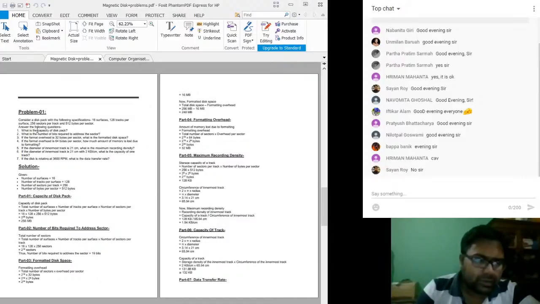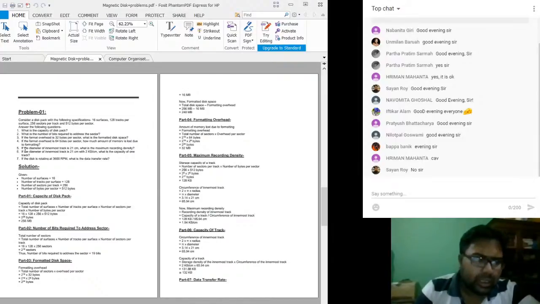Now you are to find what is the capacity of the disk pack, what is the number of bits required to address the sector. If the format overhead is 32 bytes per sector, what is the formatted disk space? If the format overhead is 64 bytes per sector, how much amount of memory is lost due to formatting?